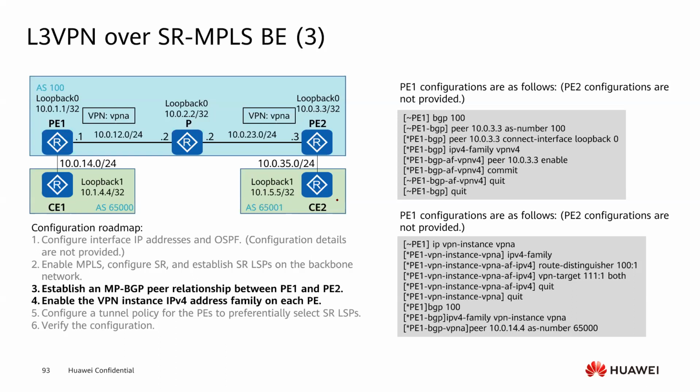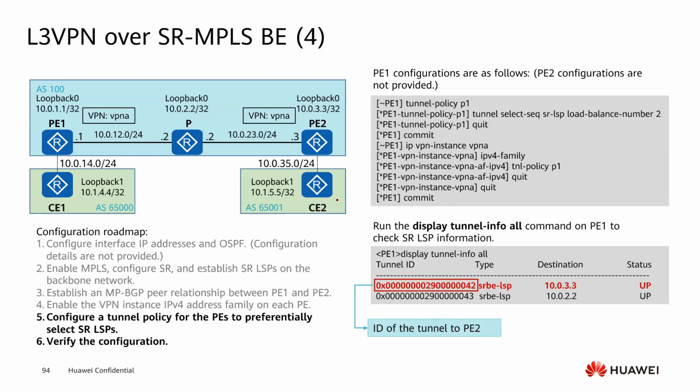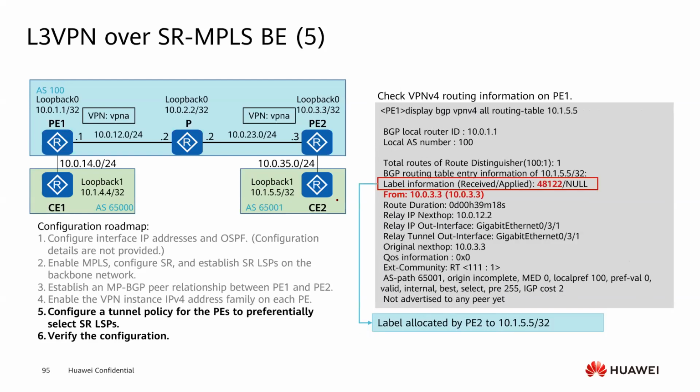And then we'll try to select the tunnel. Then it will be okay. Then you're going to see here we have a label. This label is being assigned by the device itself. It is a private label. Okay, it's a private label.